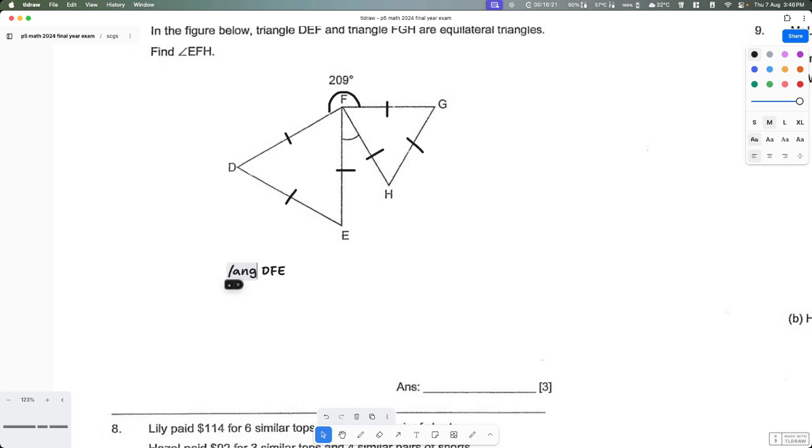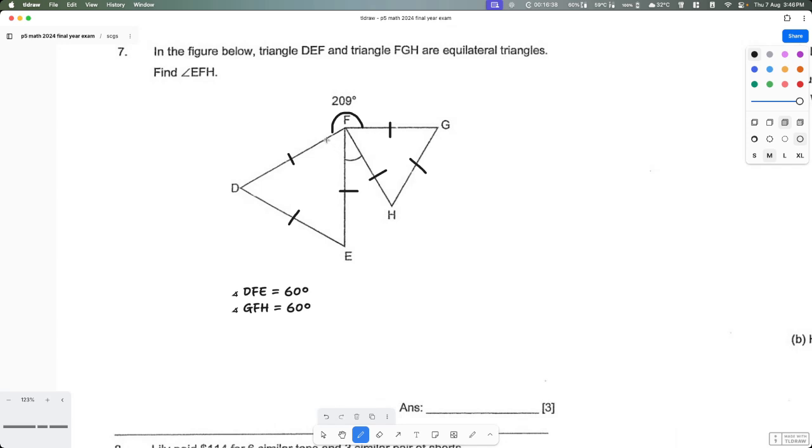Angle DFE is equal to 60 degrees, and GFH. So angle GFH is also equal to 60 degrees, because these are both equilateral triangles, right? So I'm going to put it here, and this is 60, right?